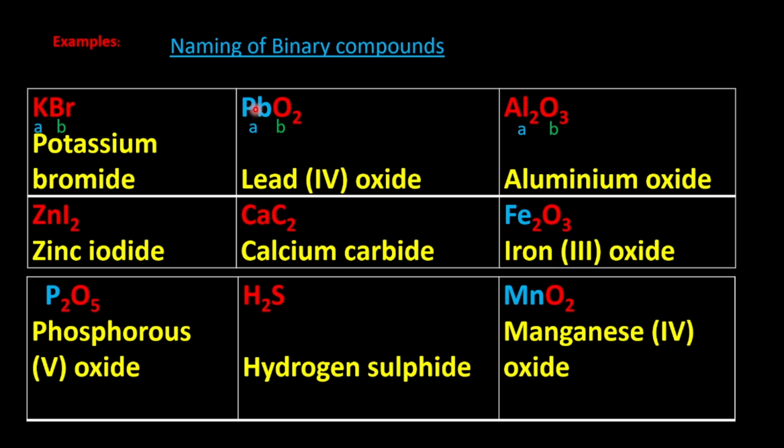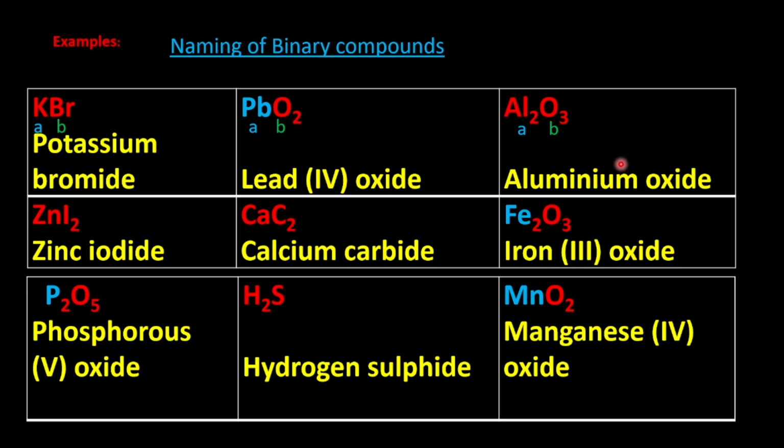It is not part of the fixed elements. So what do we do? We calculate. So that becomes 2 times 2, which will give you 4. Once again, 2 times 2 will give you 4. Because this one varies, that will give us lead(IV) oxide.